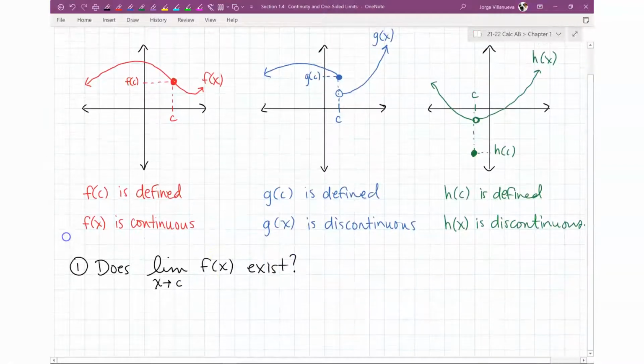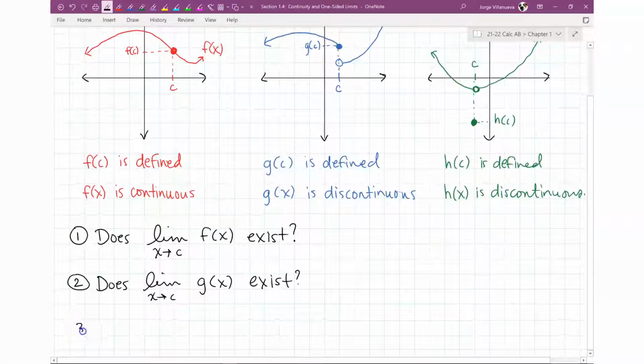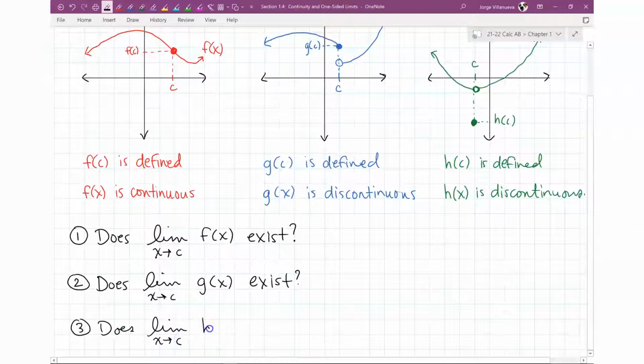And I'm going to ask the same questions for g of x and h of x. Does the limit as x goes to c of g of x exist? And the third one, does the limit as x approaches c of h of x exist? So we'll take the first one.